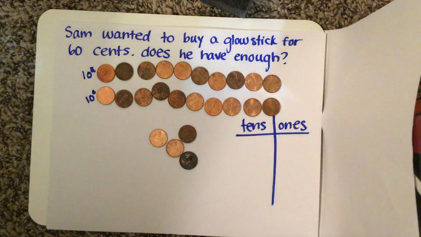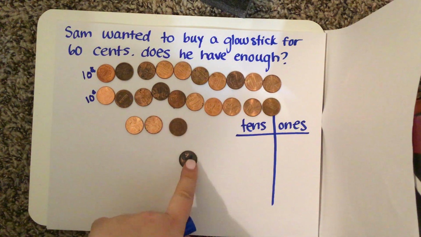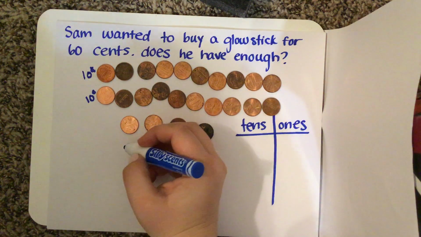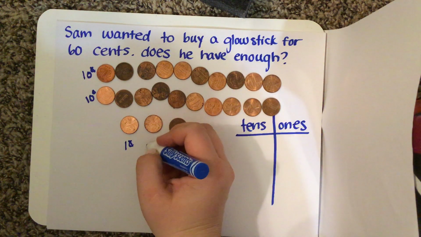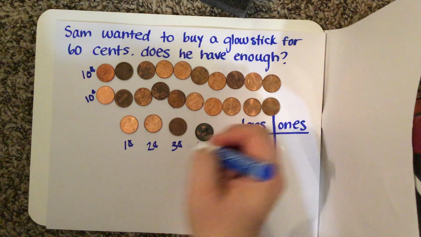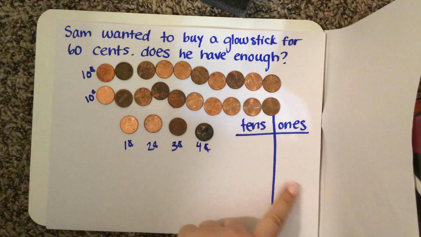It doesn't appear to me that this is going to make up a bundle, so we're just going to count these by ones. 1, 2, 3, 4. I'm going to write 1 cent, 2 cents, 3 cents, 4 cents. So, can anybody think back to what we did yesterday to help us figure out our tens and ones?